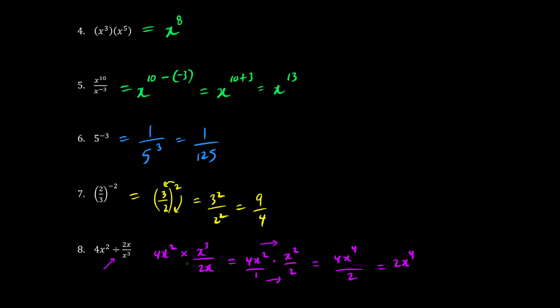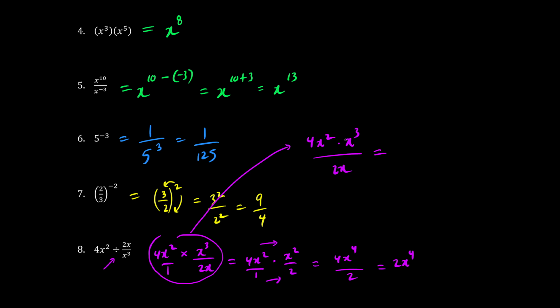I'm going to try this question one more time. So when we were here, let me just draw a little arrow here. We could simply rewrite this as 4x squared over 1 and multiply across. So we have 4x squared times x cubed all over, multiplying across, 1 times 2x is 2x. And you can see we can start simplifying.